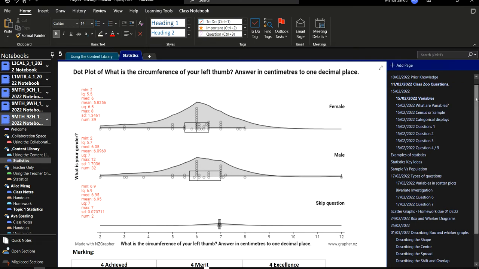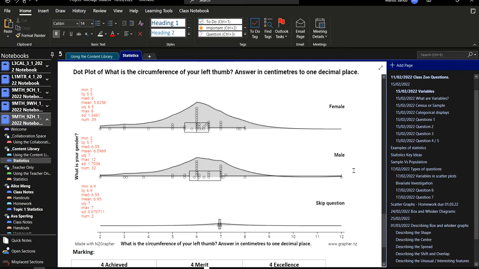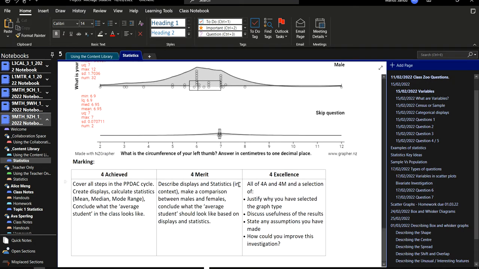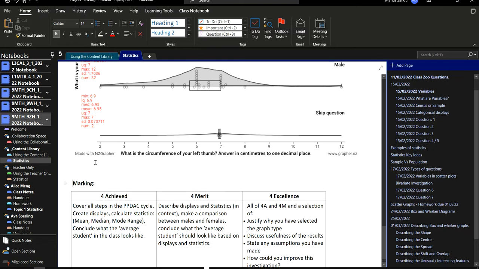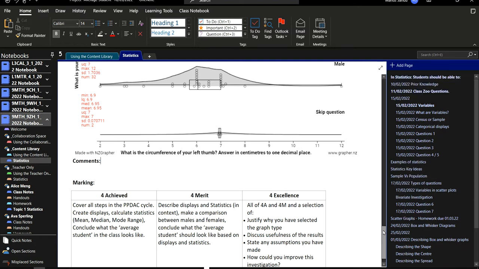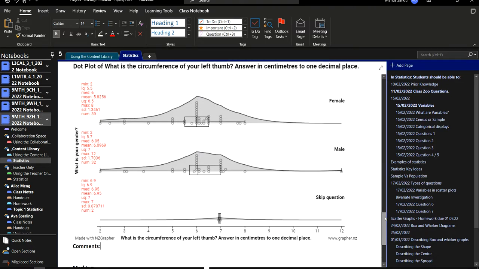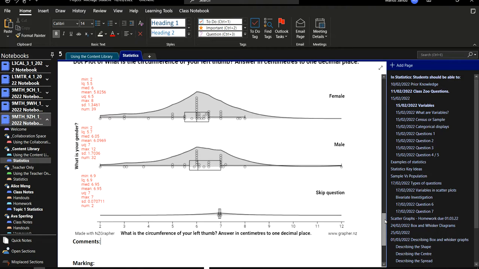And again, you make all those comments underneath the graphs. Like the analysis. What is the interquartile range of boys? What is the interquartile range of girls? Which one is bigger? What is the median of boys? What is the median of girls? You've got them all there. You just need to look at the graphs. What do the shapes look like?